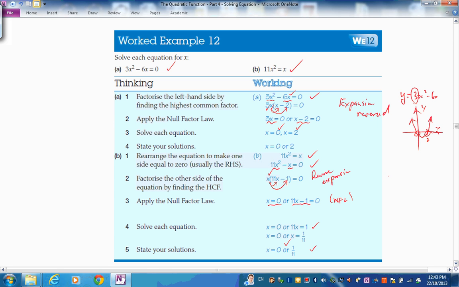Why do you think they were such big numbers? Look at it now. If you made the graph before you put equal to 0, and now you're putting it equal to 0, there's x is equal to 0, that's one answer, and x equals 1/11th. Gee, that's right in there. Gee, that's a steep one. Oh, hey, we knew that. Look, the number in front of x squared is large.